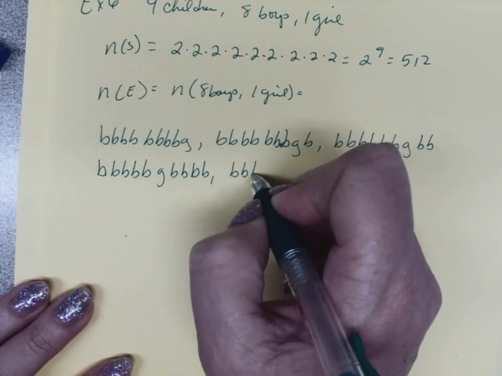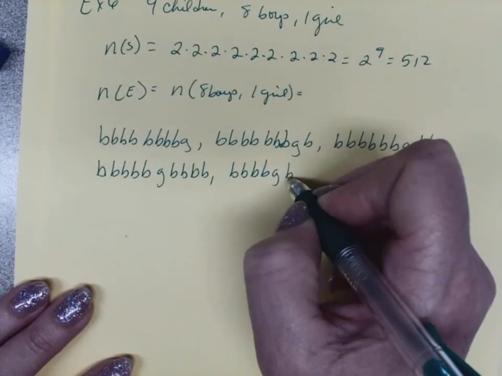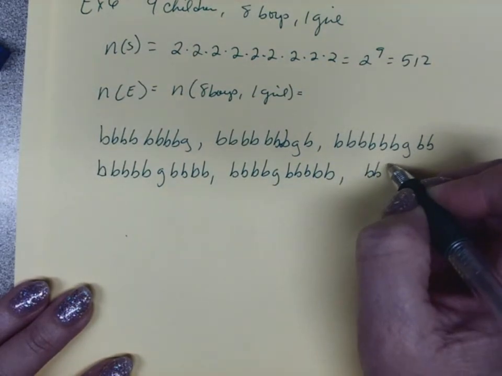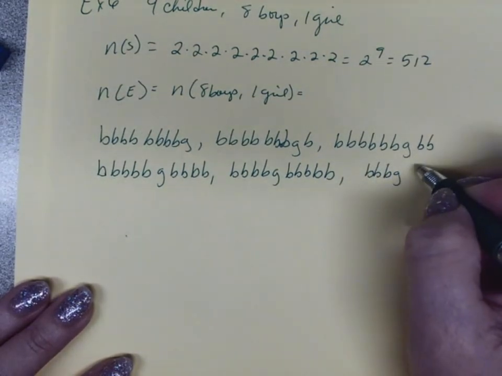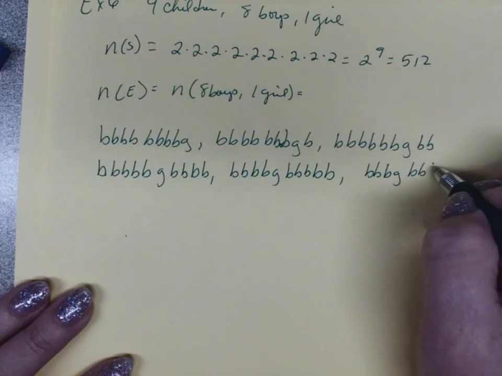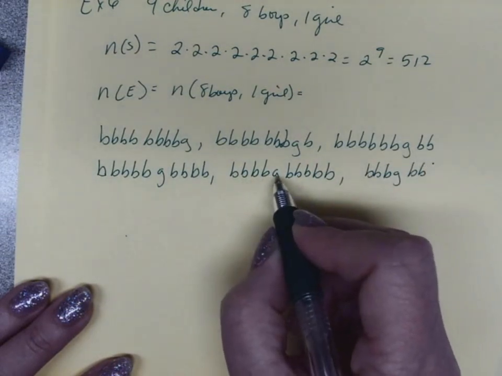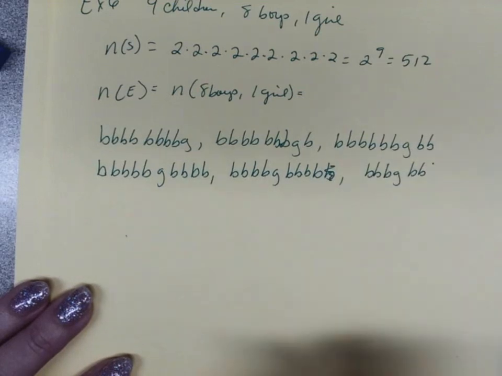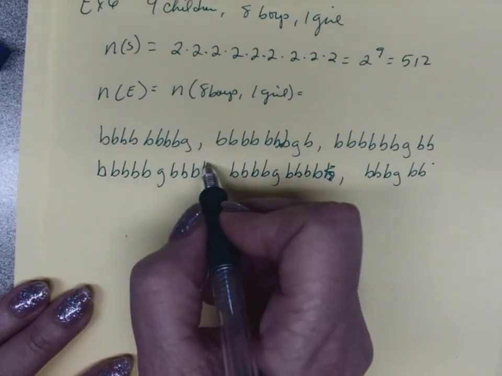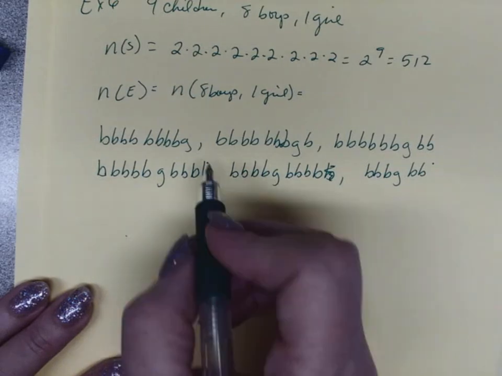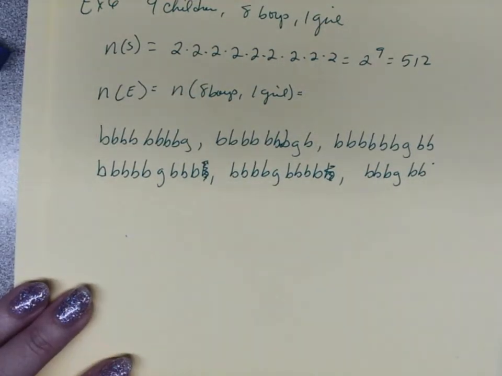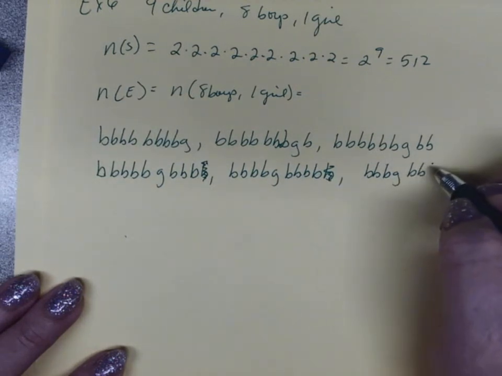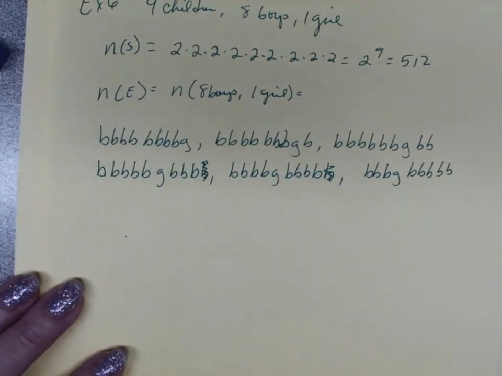We could have 4 boys, the girl, and then 5 more boys. We could have 3 boys, the girl, and then 6 boys. Oh, I think I drew too many boys there. Sorry about that, I was counting too many.